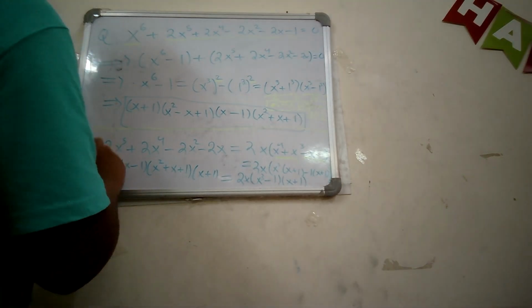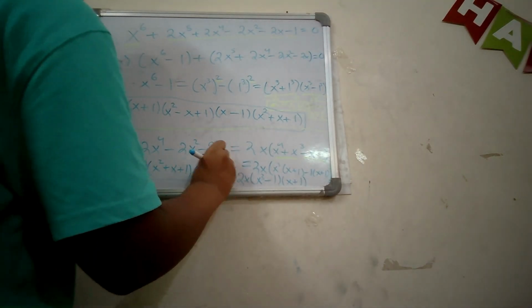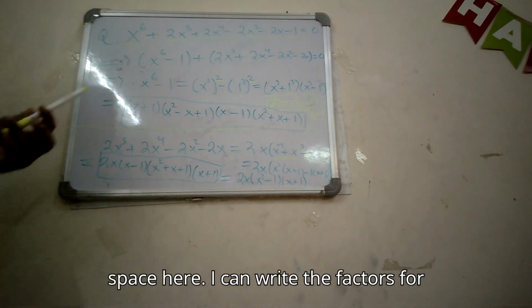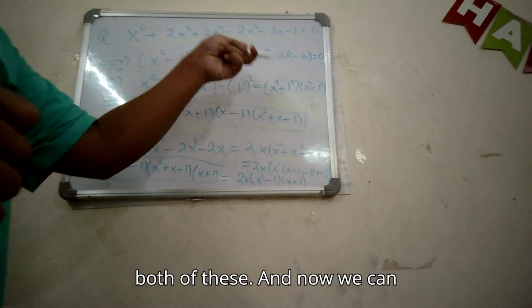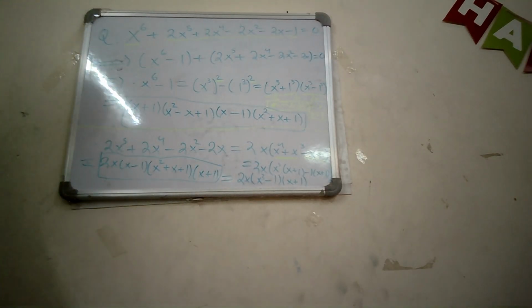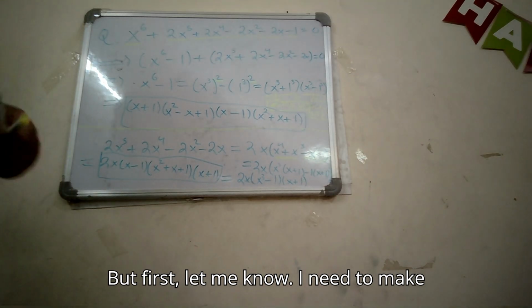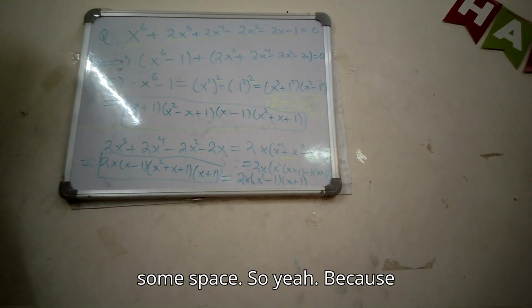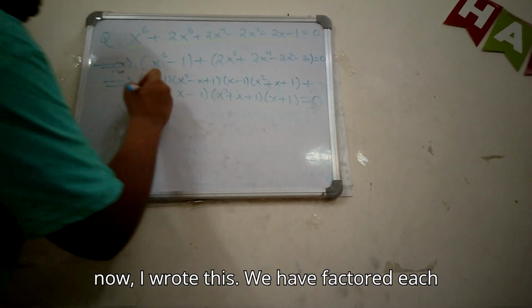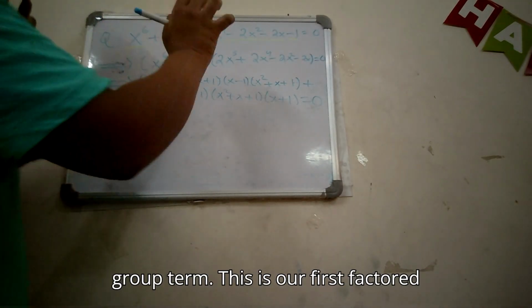And now, there we have it. Now let me make some space here. I can write the factors for both of these. And now we can clearly see some common factors here. But first, let me erase it to make some space. Because now I wrote this, we factored each group term.